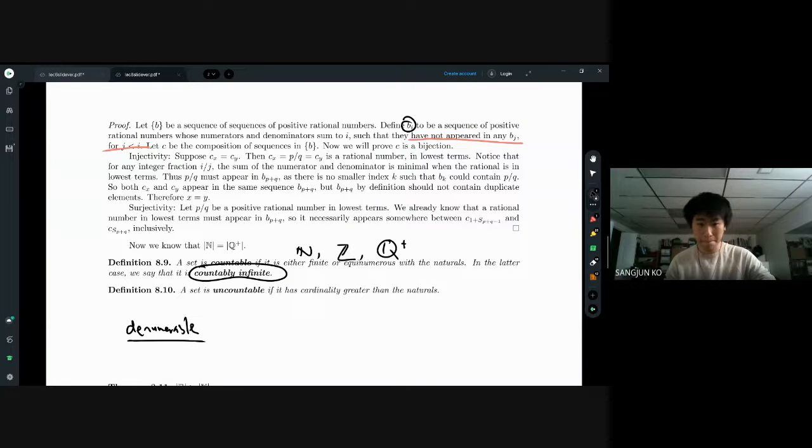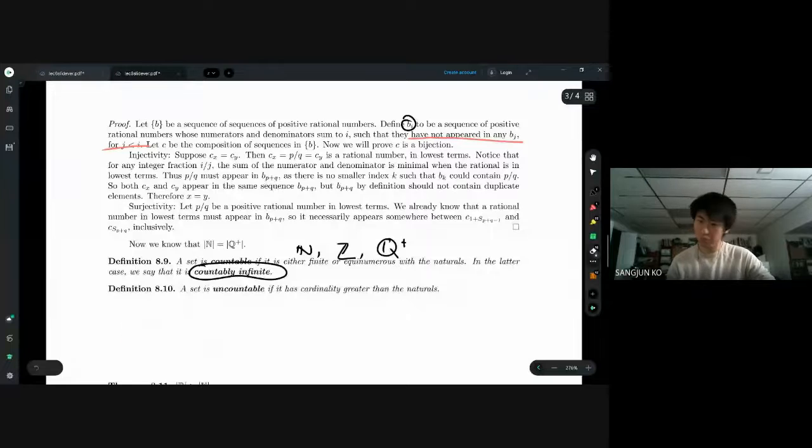Okay. Now, we just saw two examples, or I guess three, of sets that are countably infinite. We looked at the even natural numbers, which are countably infinite.